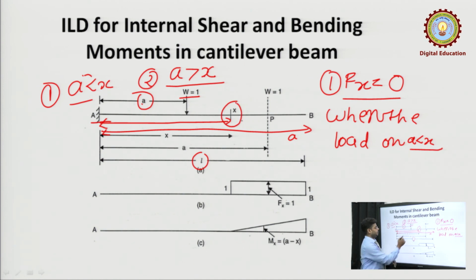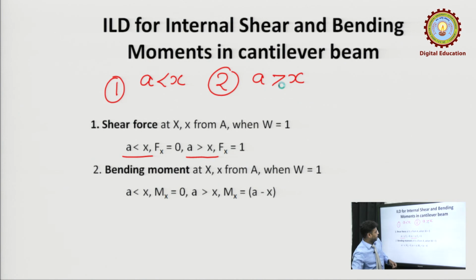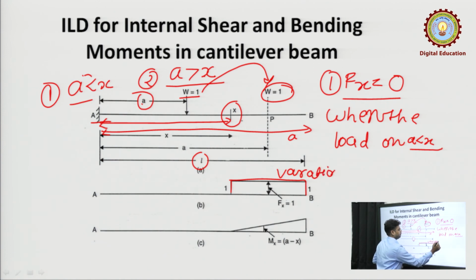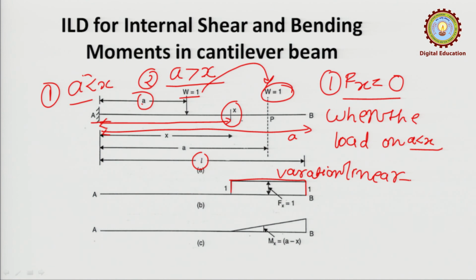When you transfer your unit load here, what will the shear force be? The equation will come Fx equal to 1. If Fx equal to 1, that means the variation is linear. We will get a constant variation.